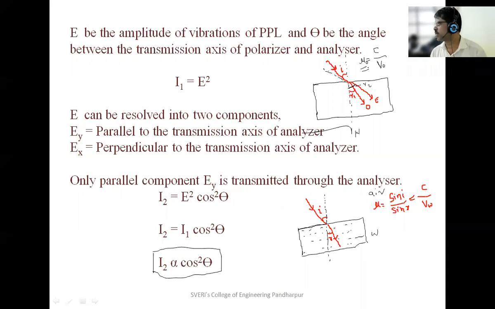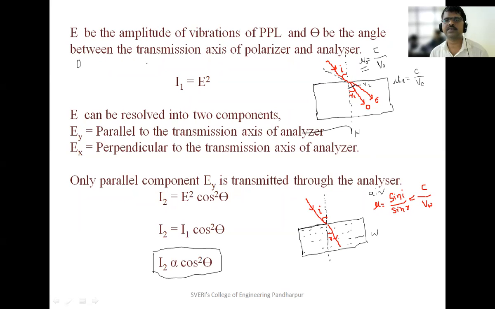Only what changes? Refractive index of which ray? Extraordinary ray. What is the refractive index of the extraordinary ray? Mu is equal to c upon velocity of which ray? Extraordinary ray. We know that the velocity of the extraordinary ray is different in different directions, which means the refractive index of the extraordinary ray is also different in different directions. Direction changes, refractive index changes. Now the difference between ordinary ray and extraordinary ray.